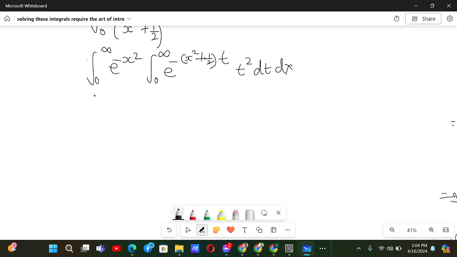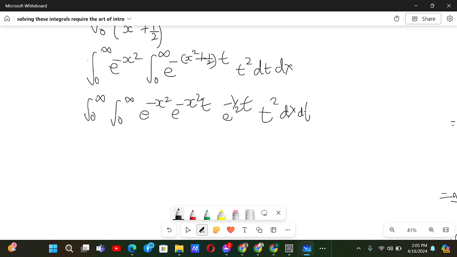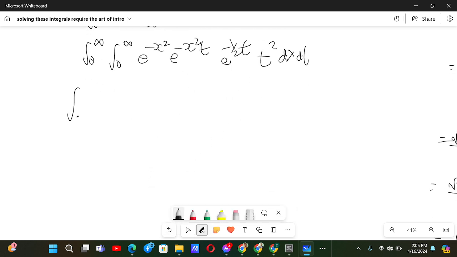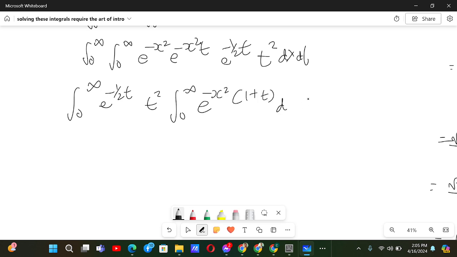We try to change the integrals. 0 to infinity, 0 to infinity, e to the power minus x square, e to the power minus x square t, e to the power minus 1 by 2t, and t square dx dt. Now what's next? We take the constants outside. 0 to infinity e to the power minus 1 by 2t, t square integral from 0 to infinity e to the power minus x square 1 plus t dt dx.